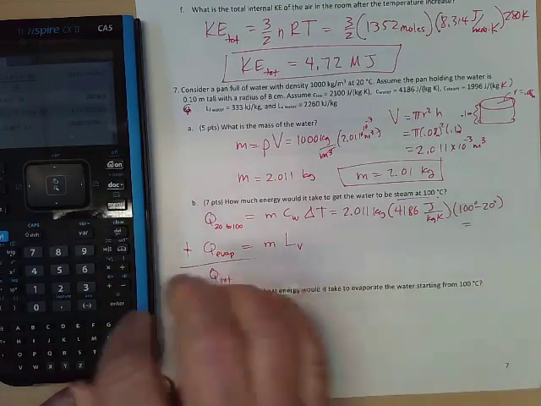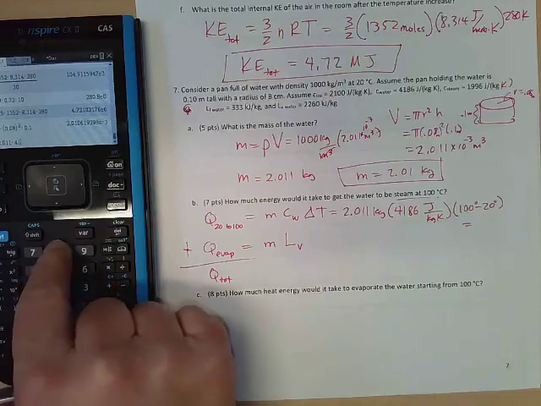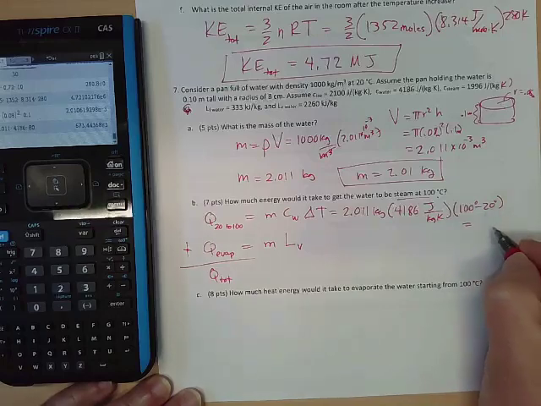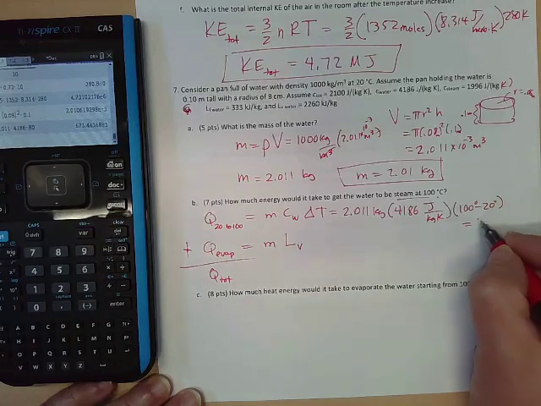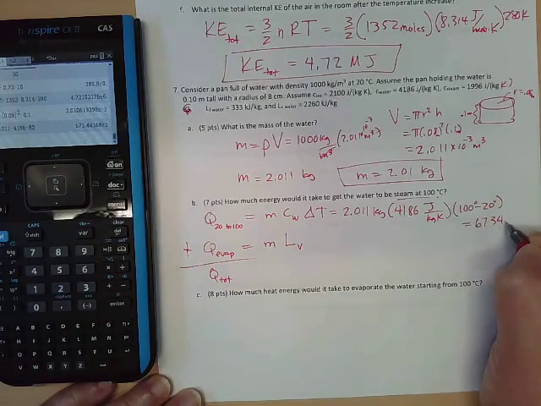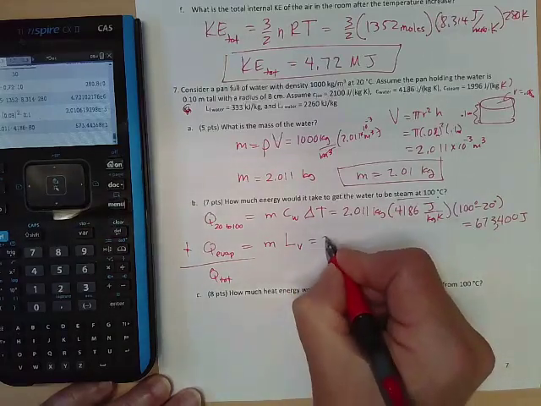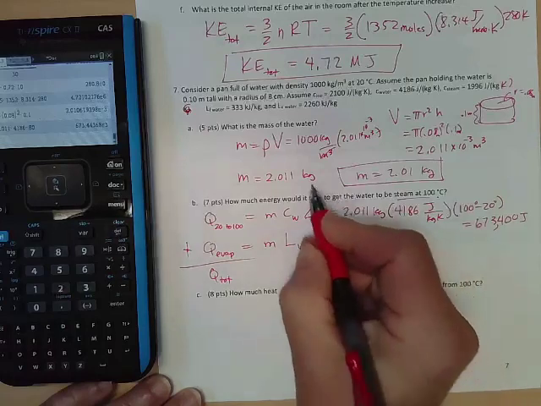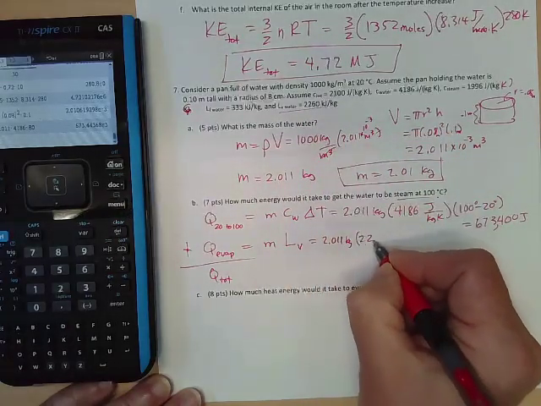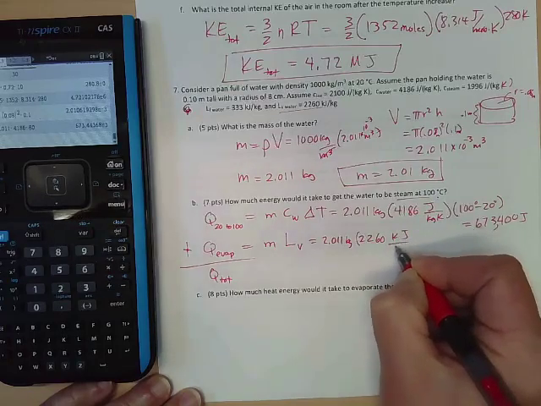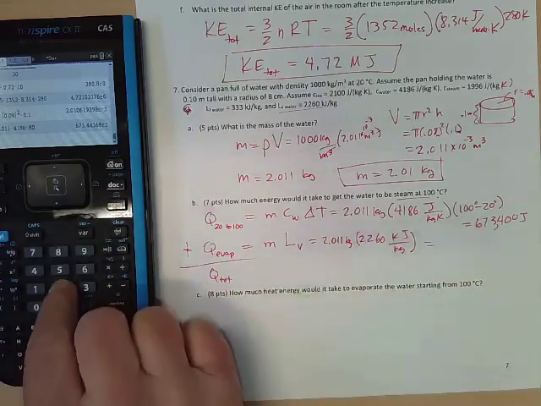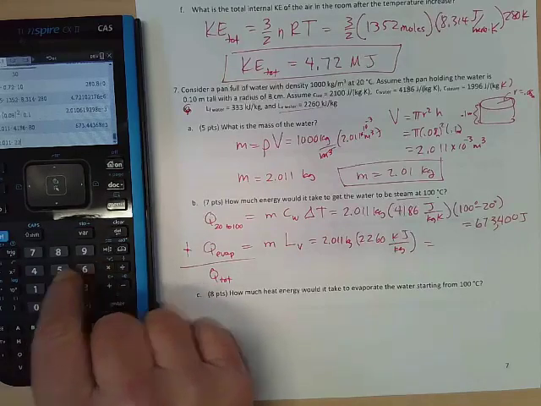And so let's just do that. 2.011, 4186 times 80. 400 joules. Okay, and this one again, same mass, latent heat of vaporization, 2260 kilojoules per kilogram. 2.011 times 2260.